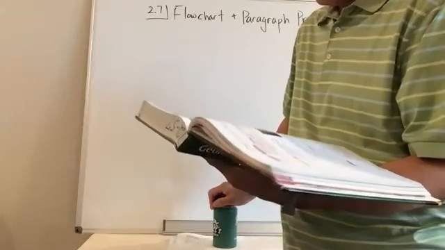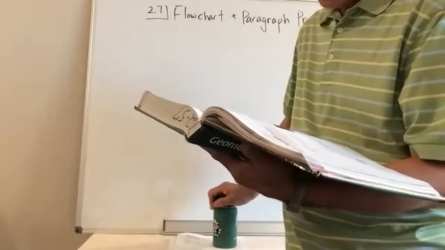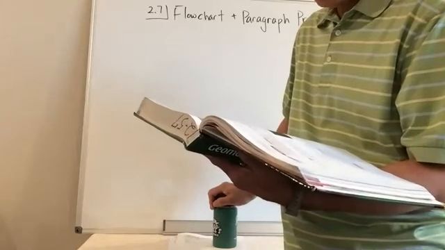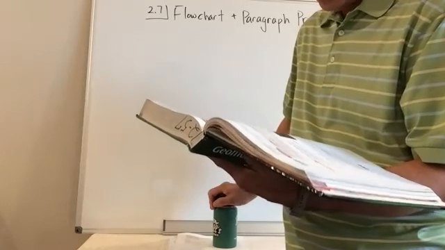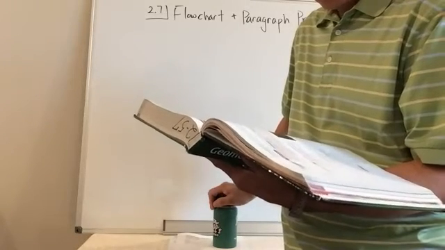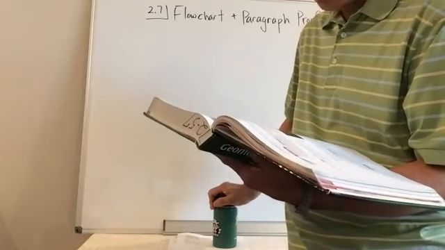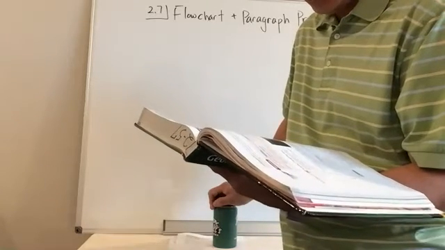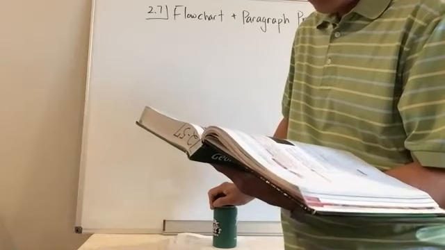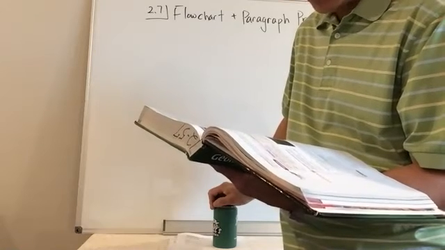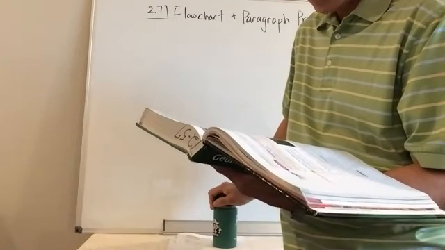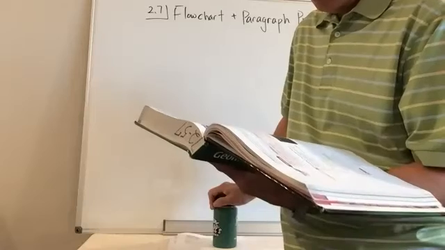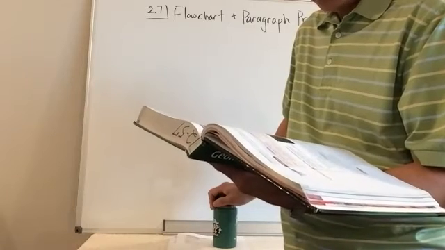Given that angle 1 and angle 2 are supplementary, angle 1 and angle 2 add to 180 degrees by the definition of supplementary angles. They are also congruent, so their measures are equal, right? By the definition of congruent angles.